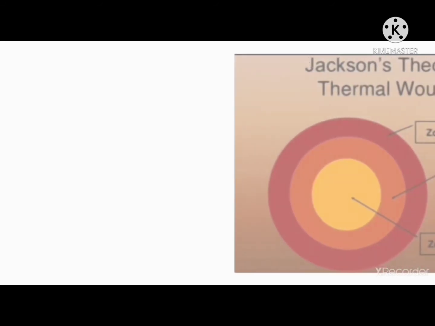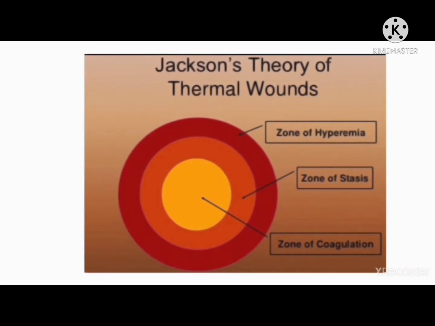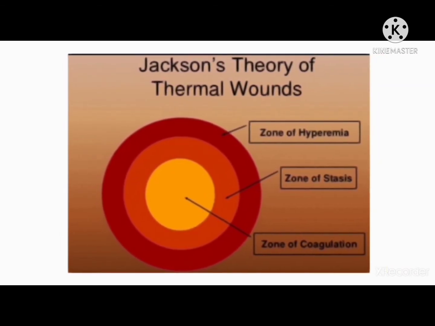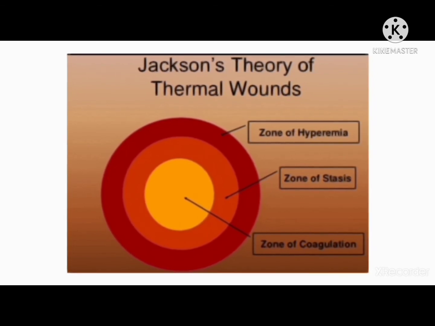Now we will study this with the help of 3 to 4 diagrams. Look at this diagram, Jackson theory of thermal wounds. The innermost zone, which is yellow, is the zone of coagulation, then the zone of stasis, which is reddish, and then the zone of hyperemia, which is shown in reddish brown color.